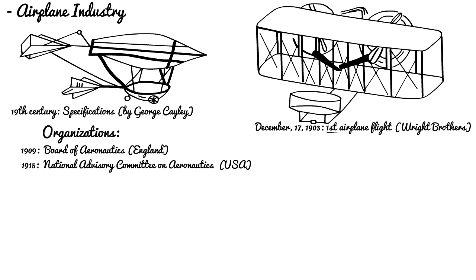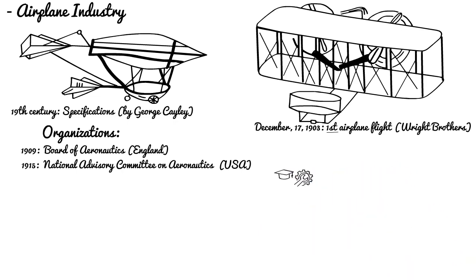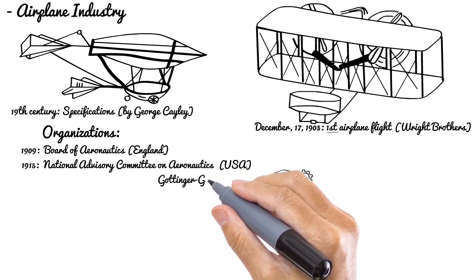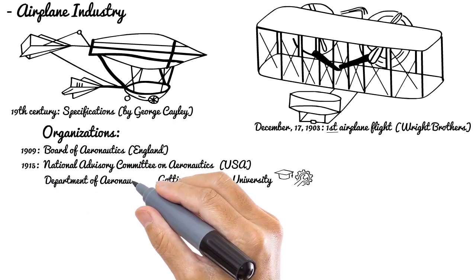Traditionally, German universities had concentrated on pure science and left technology to technical universities. Such divisions between pure science and technology were not always clear, and Göttingen, Gauss's university, one of the leading universities in the world for theoretical physics, established a department of aeronautics.